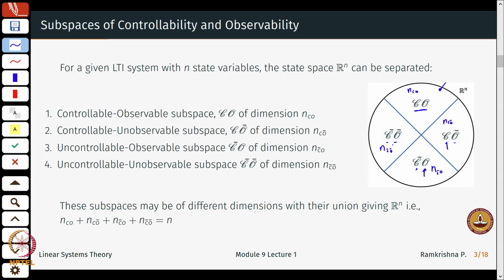Okay. So these would be the respective dimensions. Now these 4 dimensions together will satisfy the relation that all of the subspaces will constitute R^n, right? A nice pictorial view of this decomposition.